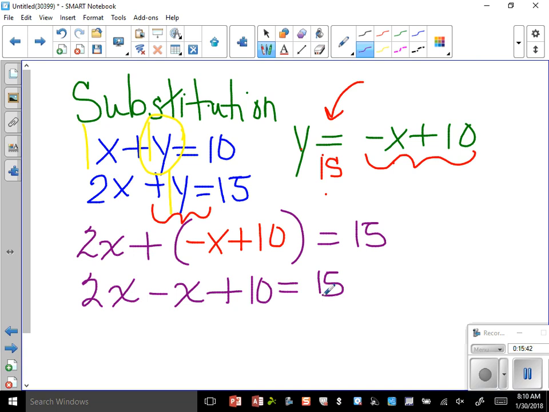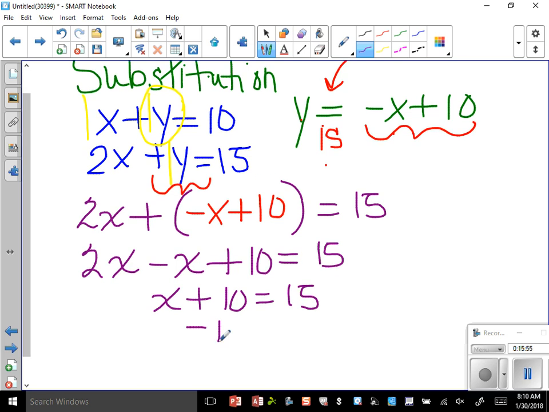So now I'm going to combine the 2x minus x. So when I do 2x and I take away an x, I'm left with x plus 10 equals 15. Solve for x, and like I said, the rest is just solving an equation. So x equals 5. So once you do the substitution, then you're ready to just solve that equation.